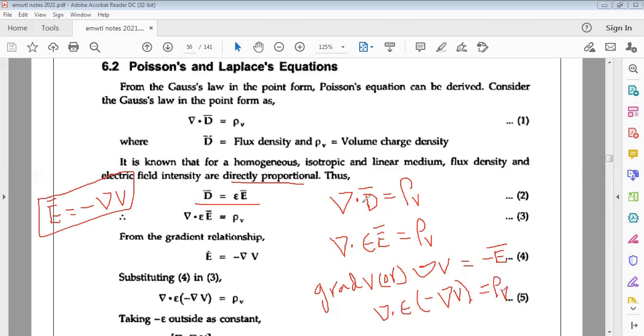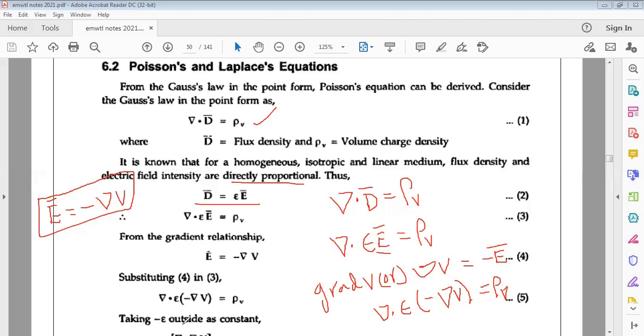First of all, I am taking Maxwell's first equation, del dot D bar is equal to rho v, using the Gauss law of electric field. The relation between electric flux and electric field is epsilon into E bar. Substitute: del dot epsilon E bar is equal to rho v. And E bar you can represent in the gradient, meaning minus del V. Now we have del dot epsilon minus del V is equal to rho v.